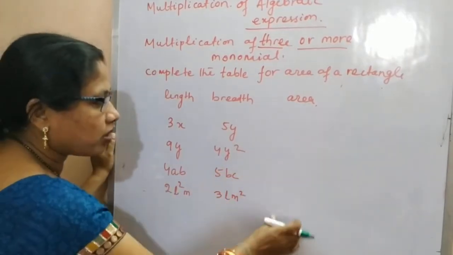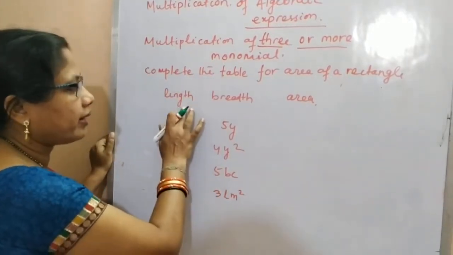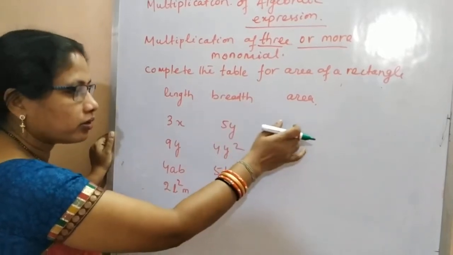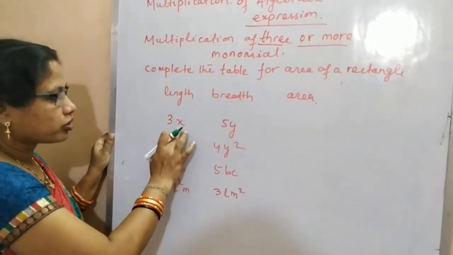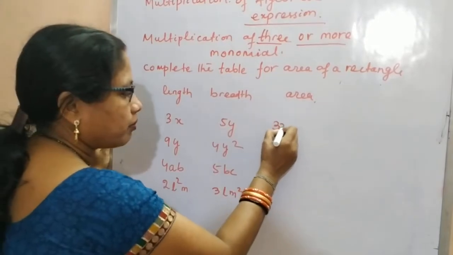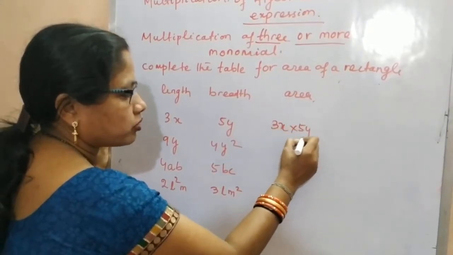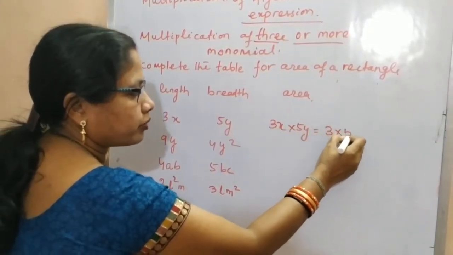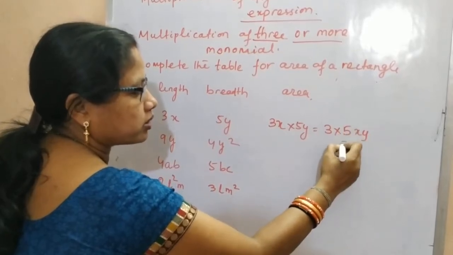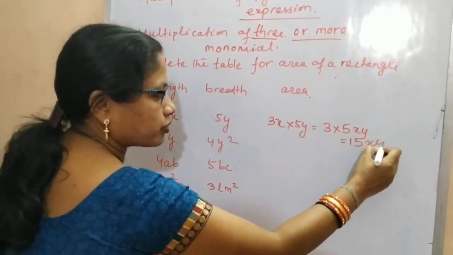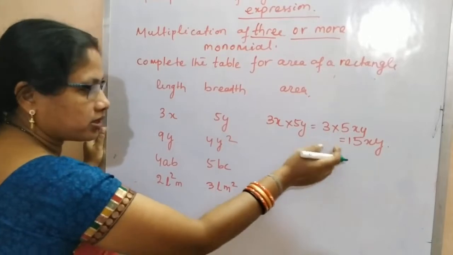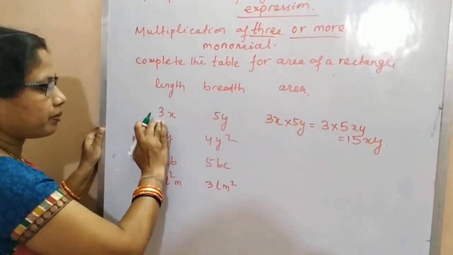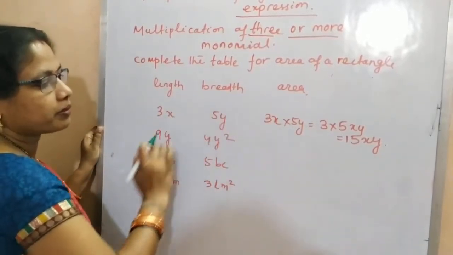So here in this column we have to multiply length and breadth, and we have to write the answer. So 3x multiplied with 5y. So this is equal to 3 multiplied with 5xy. This is equal to 15xy. So 15xy is the area of this rectangle having length 3x and breadth 5y.